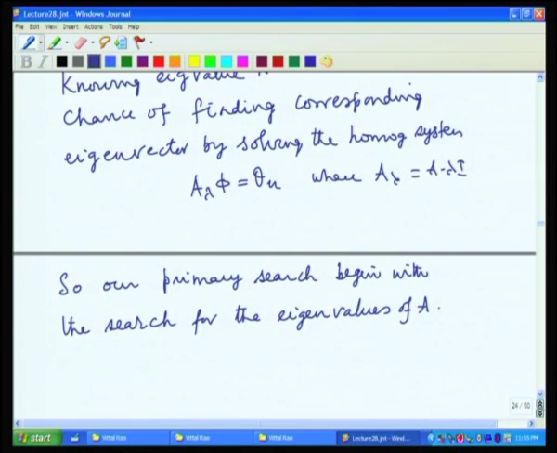I know that the eigenvalues must be real numbers. So, I must be looking for the eigenvalues among the real numbers, but there are an infinite number of real numbers. Where do I go and search for them? We cannot go on checking every real number and check whether it is an eigenvalue.